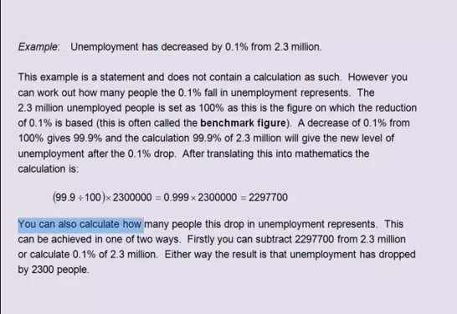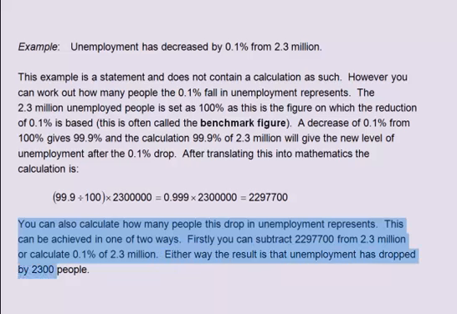You can also calculate how many people this drop in unemployment represents. This can be achieved in one of two ways. Firstly, you can subtract 2,297,700 from 2.3 million, or calculate 0.1% of 2.3 million. Either way, the result is that unemployment has dropped by 2,300 people.